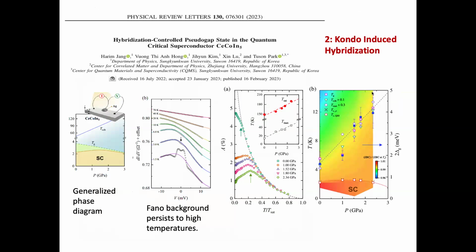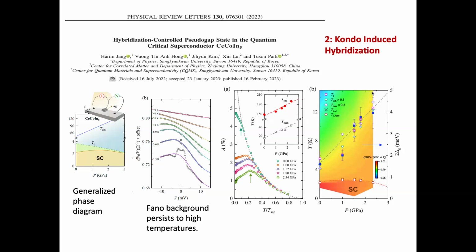Without going into all the detail, this background that you see in figure B is seen in every heavy fermion. That's due to the hybridization of the F electron to the conduction electron. And Fano, just to remind you, is something localized gaining itinerancy in the system.